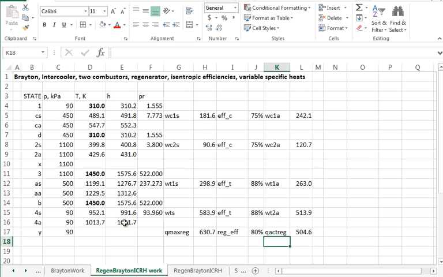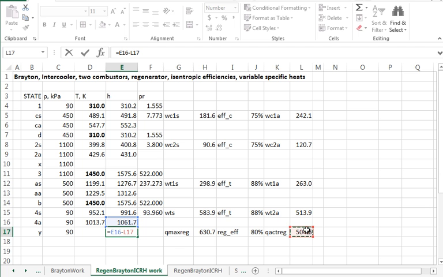So from the hot stream, it's going to have a reduction in the enthalpy by 505 kilojoules per kilogram. And in the cold stream, it will have an increase by 504.6 kilojoules per kilogram. True? Are you with me or not?